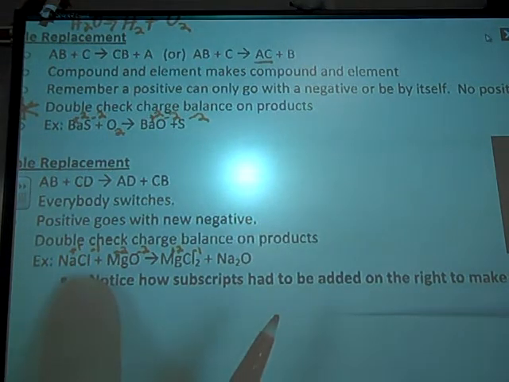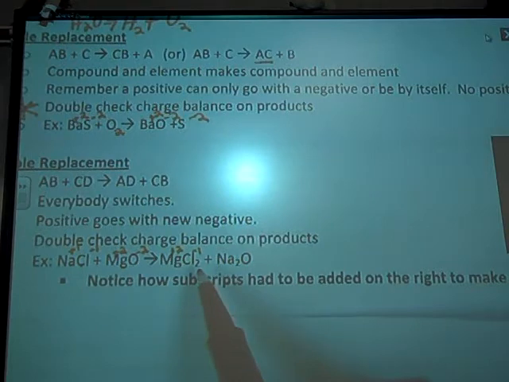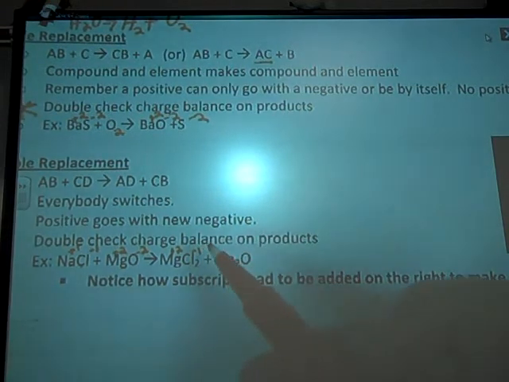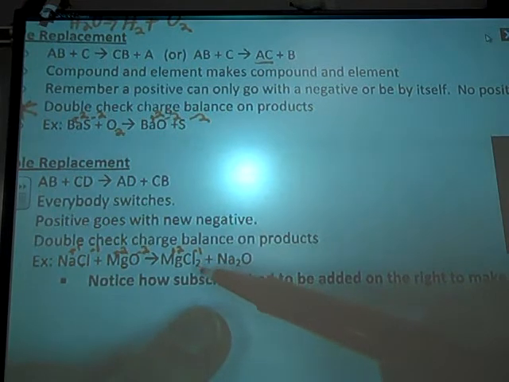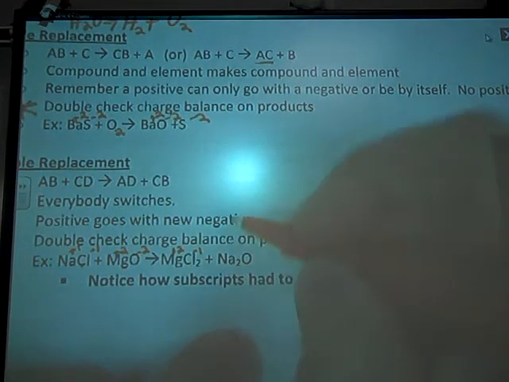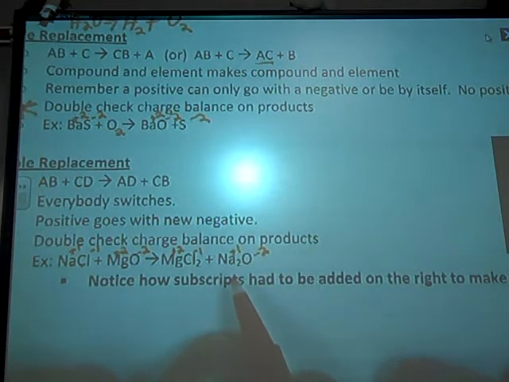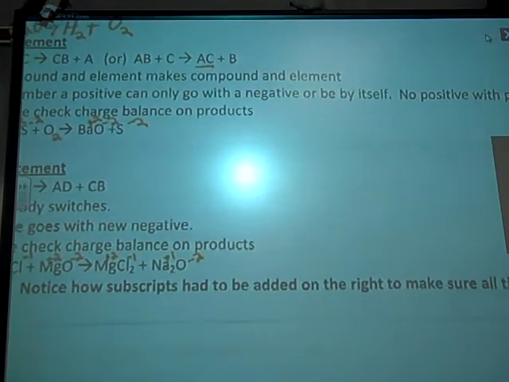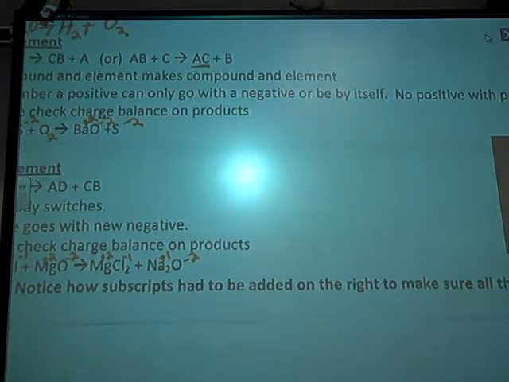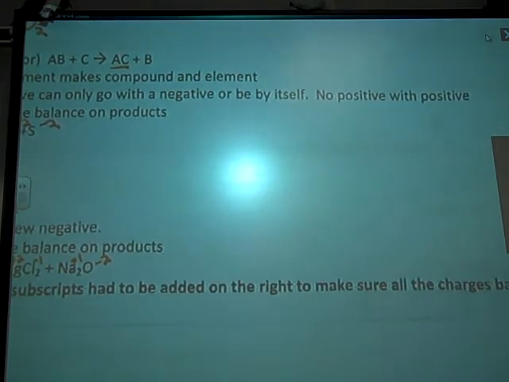My chloride started off with my sodium. Now it's going to switch and be with the magnesium. But chloride has a -1 charge. Magnesium has a +2. I need a subscript of a 2 to counteract that +2. Sodium has a +1. Oxide has a -2. I need 2 sodiums to counteract that oxygen. So notice how the subscripts had to be added on the right to make sure that all the charges balanced.